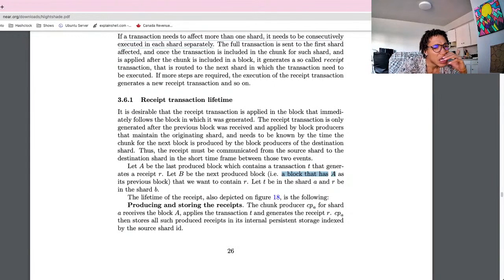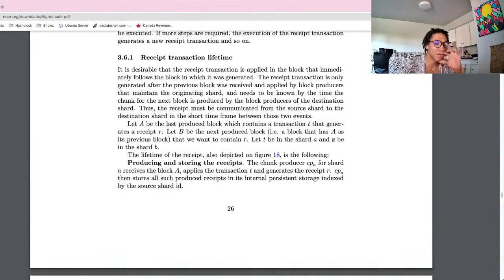I think let T be in the shard A and the receipt be in the shard B. So yeah, A and B are different shards, but they're at different times, and you're trying to get the receipt to appear in the next shard. Sorry, the next block in the next shard.